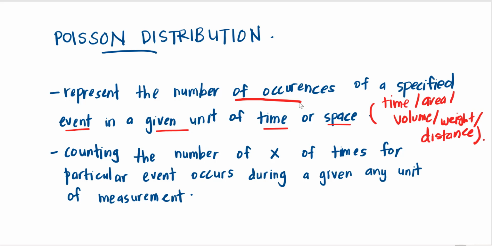The Poisson distribution counts the number of times, x, that a particular event occurs during a given unit of measurement. In the Poisson distribution, the unit of measurement is very important, so you have to be alert to the unit of measurement.